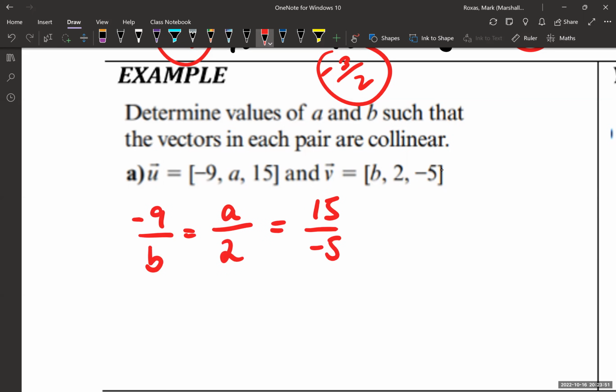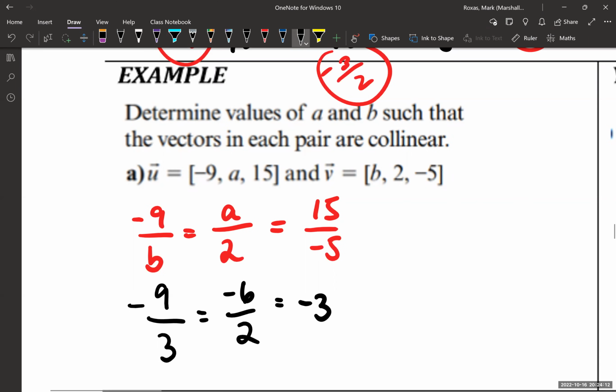So 15 over negative 5 tells me, yeah, whatever a and b are, when I divide them, I have to get negative 3. So negative 9 divided by what gives me negative 3? Well, that would be just 3, okay? And what number divided by 2 gives me negative 3? Well, that would be negative 6.